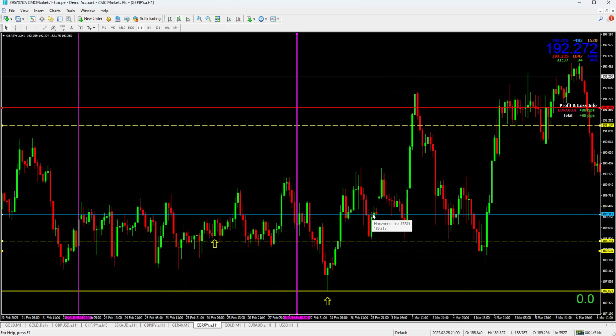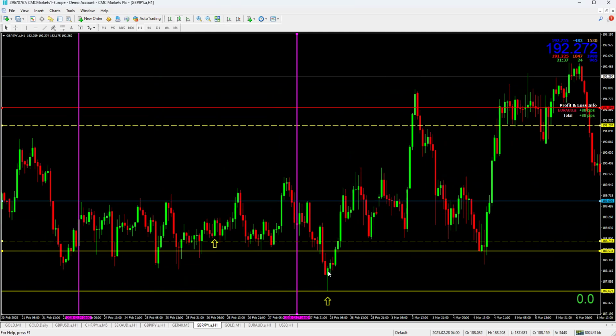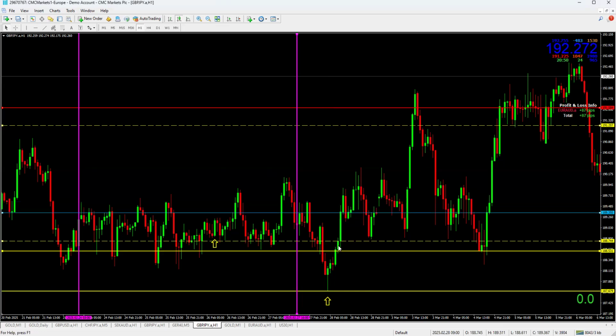So with this one, that's the setup. You entered here, and we use the range for TP1. So that's 88 pips. You get your 88 pips, from here to here.